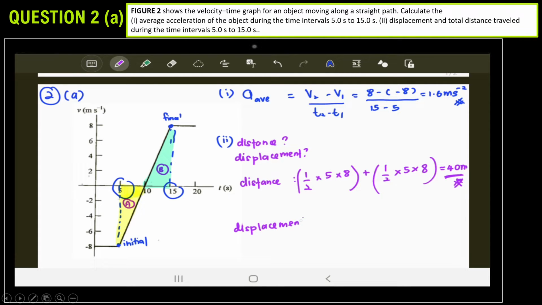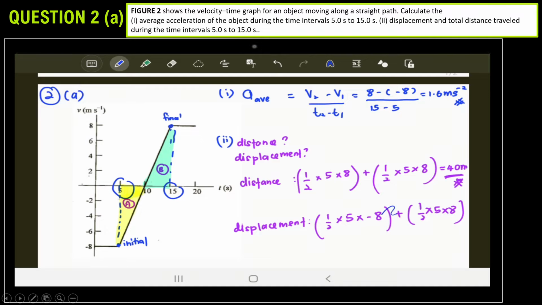Second, we want to calculate the displacement. When you calculate the area under the V-T graph for displacement, it's a vector quantity, so you need to consider the negative value from the graph. So from A, you have half times 5 times negative 8 plus half times 5 times 8.